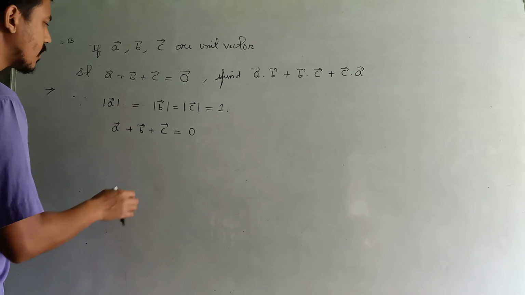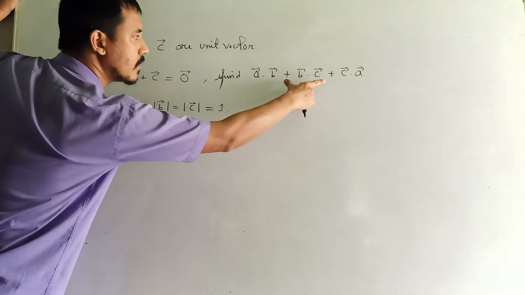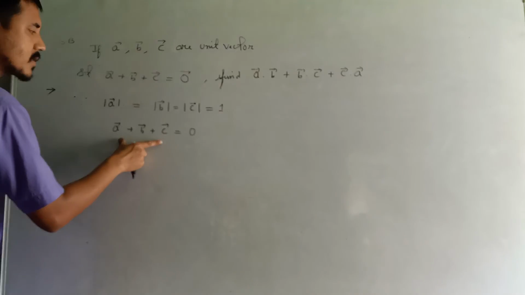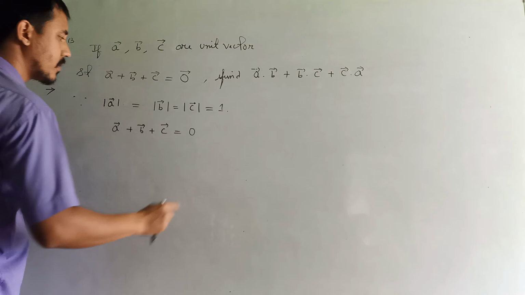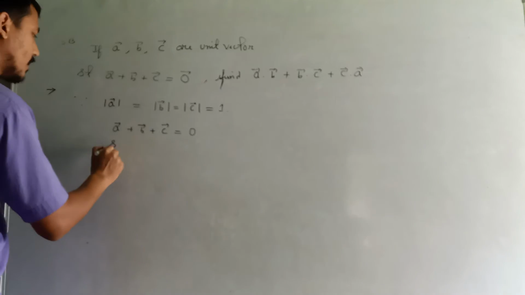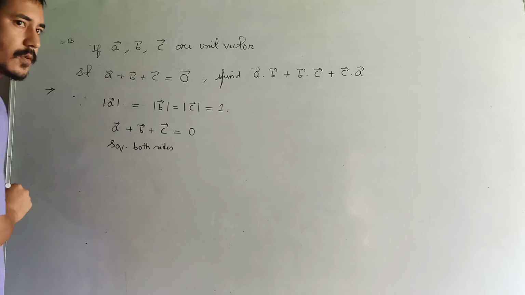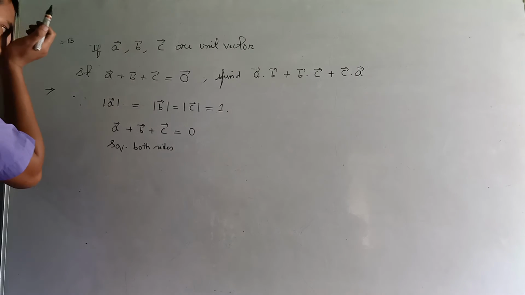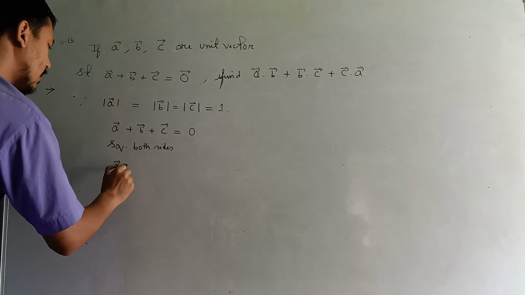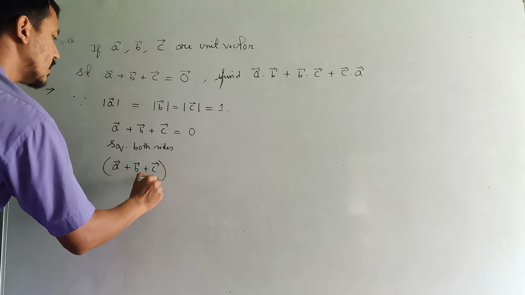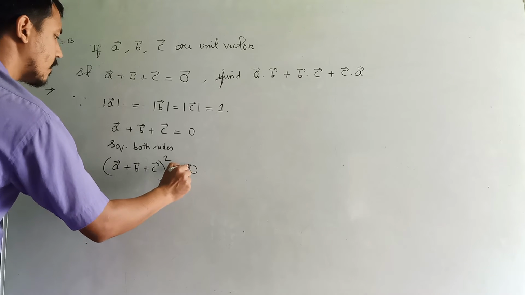What I'm going to do is evaluate this. From this expression, how will you get this expression? Only one option: squaring both sides. If I square both sides, the magnitude of vector A plus vector B plus vector C, squared, is equal to 0.